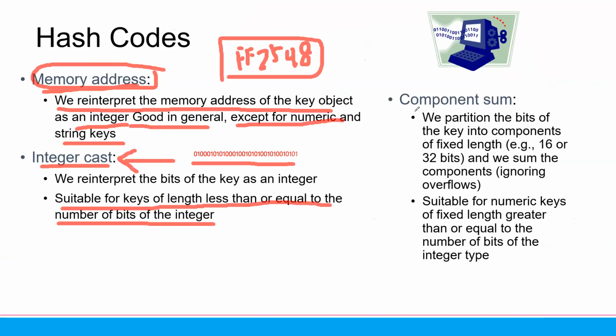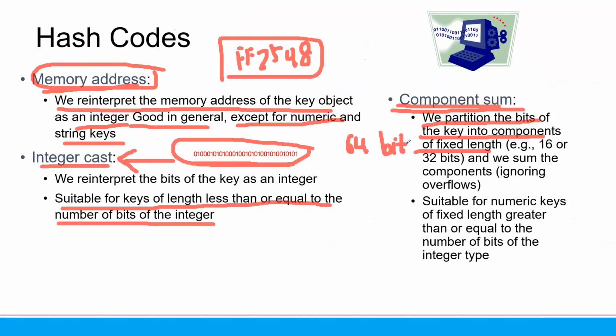So that's why, when we are dealing with the hash code in the computer, there's another kind of concept about the hash code. We call it the component sum. We can partition the bits of the key into components of fixed length. Let's say in your laptop, it is 64-bit. You know what it means?